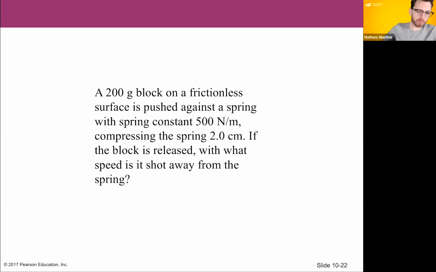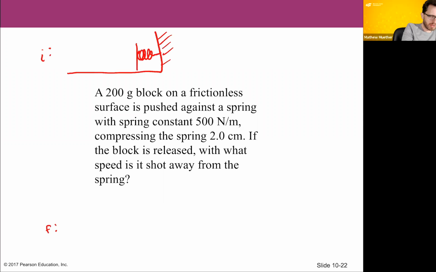All right, let's try to work through this together. Let's make our diagrams. We need to think about the initial condition of the system and the final condition. Let's put the initial condition at the top here and the final condition on the bottom. What does the initial system look like? Well, I have a wall that has a spring coupled to it, and there's a block that's set against this spring.